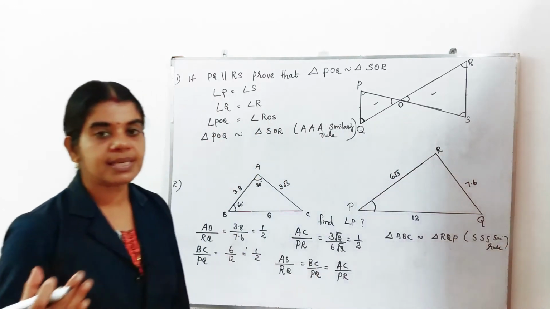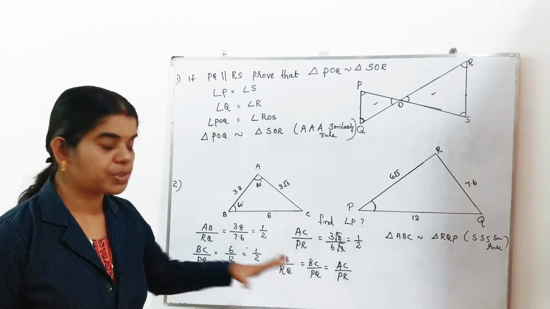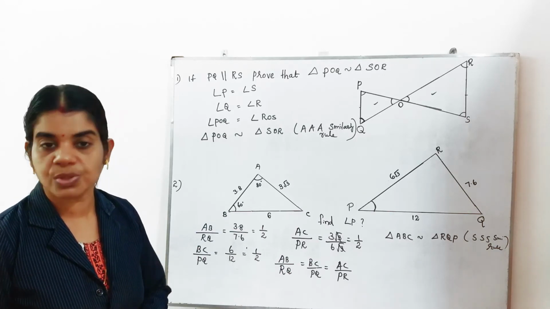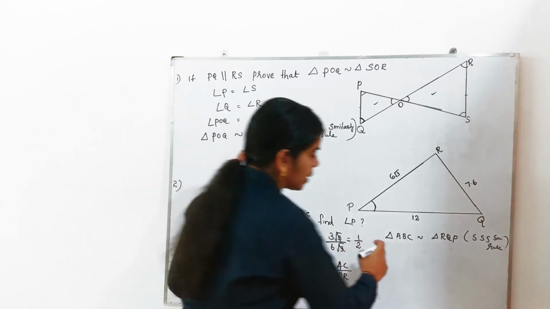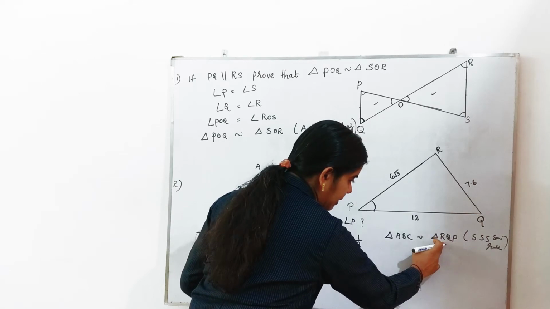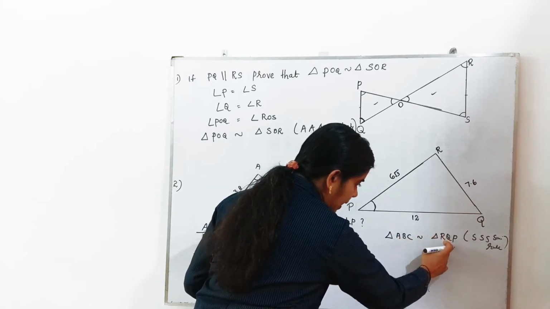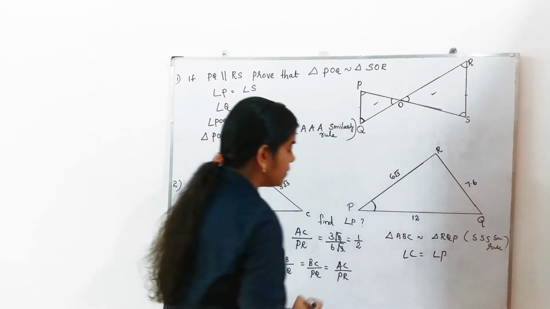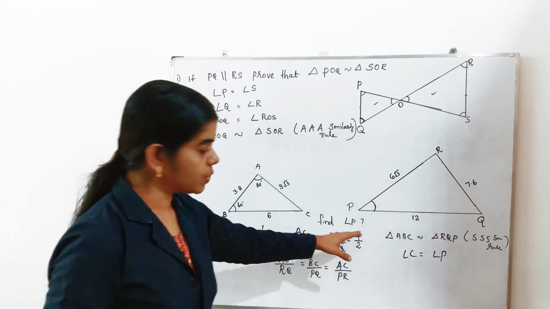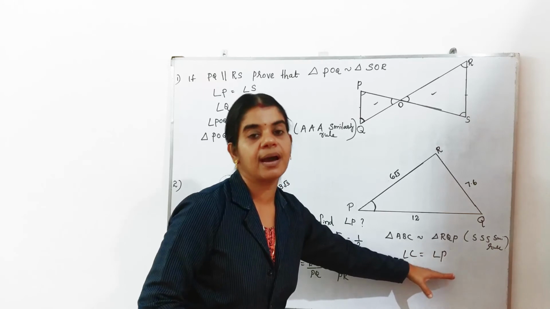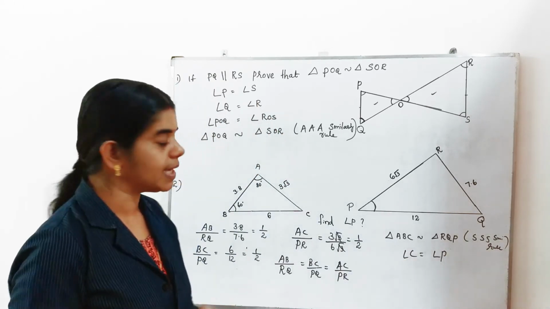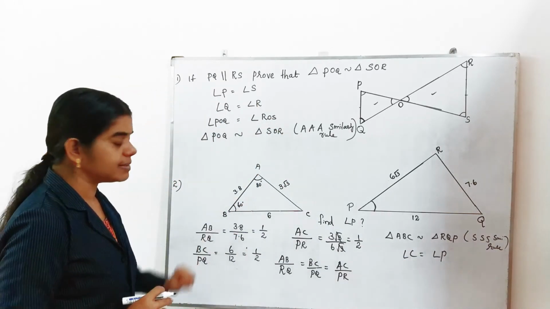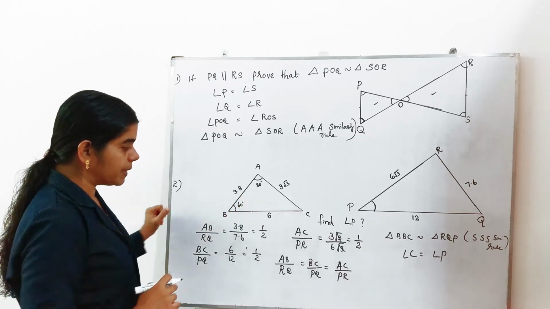If two triangles are similar, you got the sides ratio, then corresponding angles also will be equal. So what you can write? Angle A equal to angle R, angle B equal to angle Q, angle C equal to angle P. We want to find out the angle P. Angle C and angle P are corresponding angles, so those two will be equal. How can we find angle C? By the angle sum property.